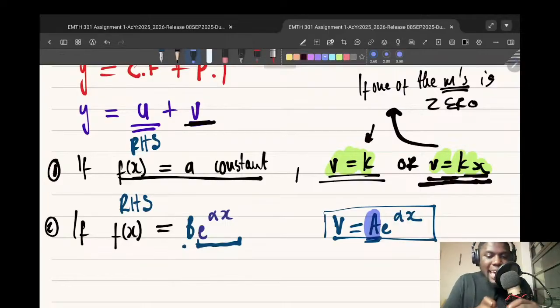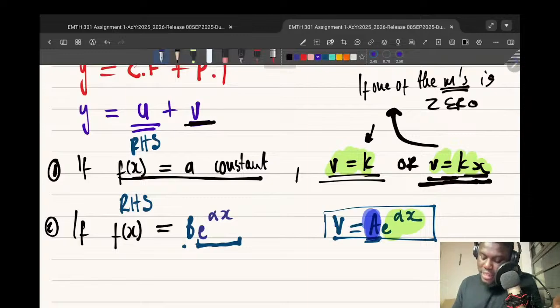Bring back everything exactly as it is, but just remember to put an a instead of whatever number was there. But in terms of the exponential itself, bring it back. If it was e to the 2x, bring back e to the 2x. If it was e to the negative x, bring back e to the negative x. Then this is easy. You can see how easy it is, eh?